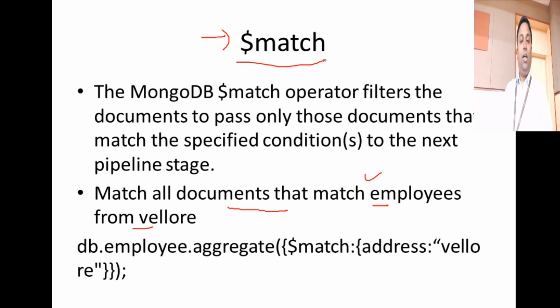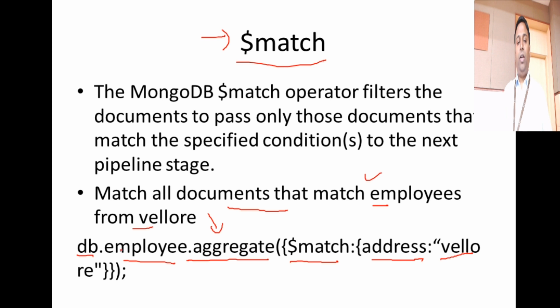When you talk about the aggregation pipeline, it is supported in this particular method, .aggregate, in MongoDB. So whatever stages you're going to use, you use inside .aggregate. You're going to give db.collectionName.aggregate and inside that you're going to specify the stage. This stage is $match: I'm saying get all the records corresponding to address Vellore.